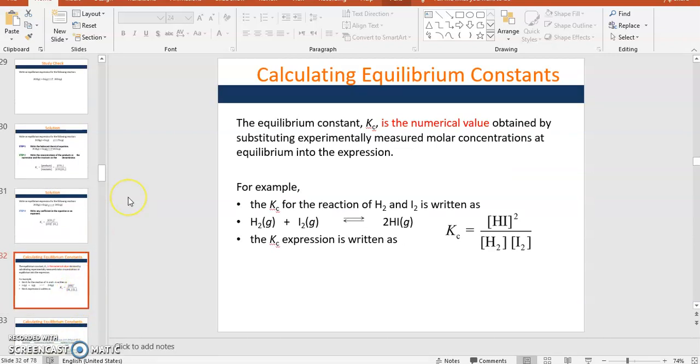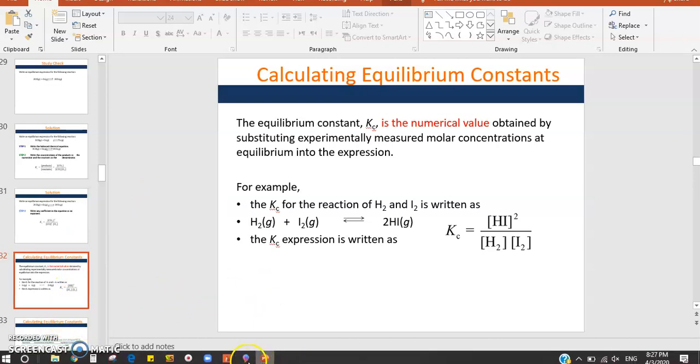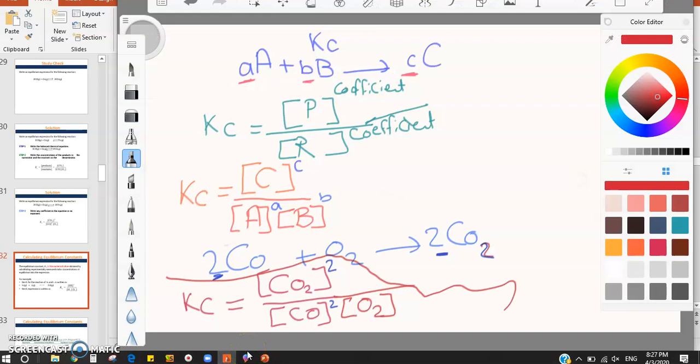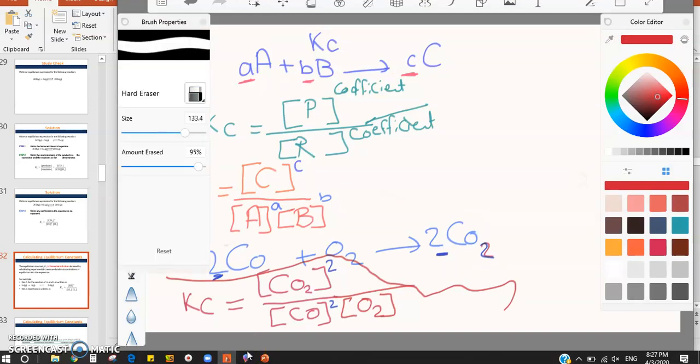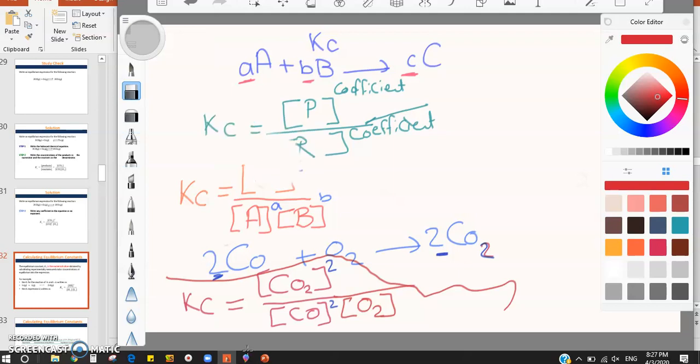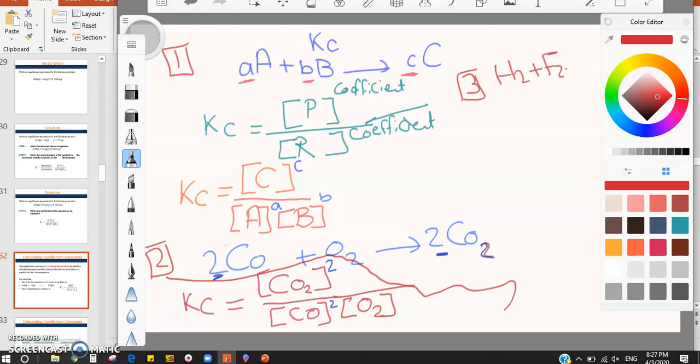Calculating the Kc. So if we have H2, that's another equation. So this is number 1, and this is number 2. Number 3, equation number 3, H2 plus F2 gives 2HF.